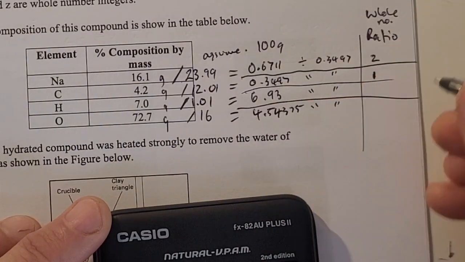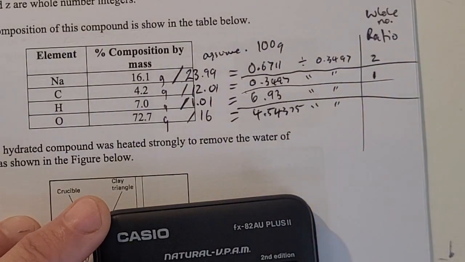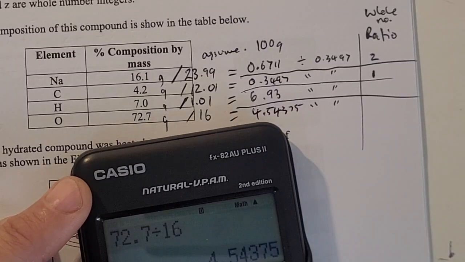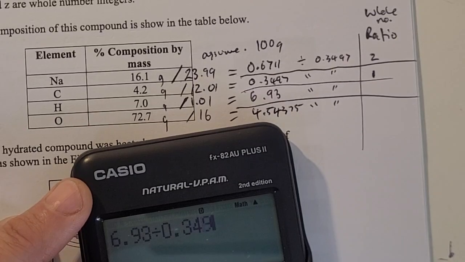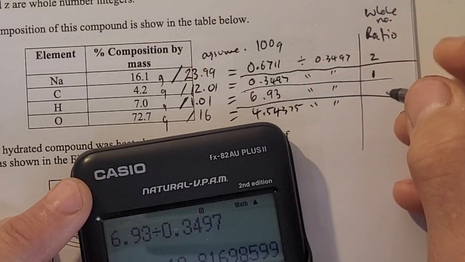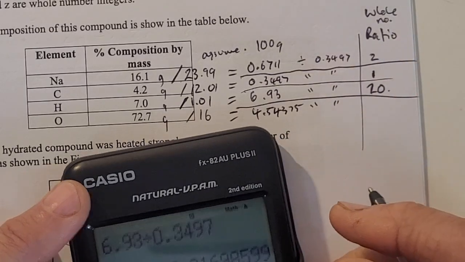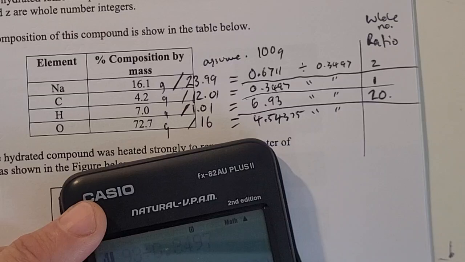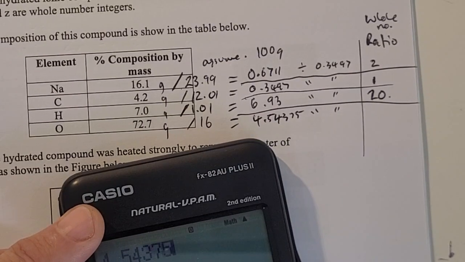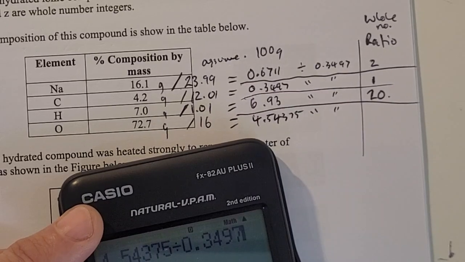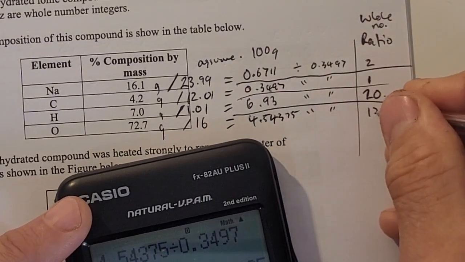That goes twice. 6.93 divided by 0.34 is 19.8, let's call that 20. And 4.543 divided by 0.3497, that's 13.